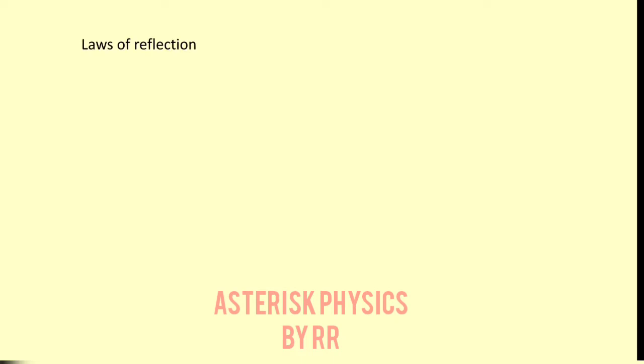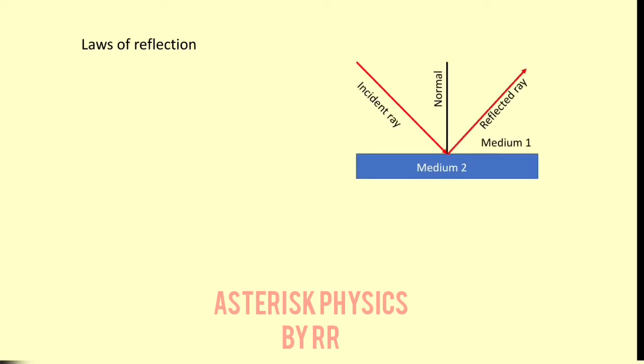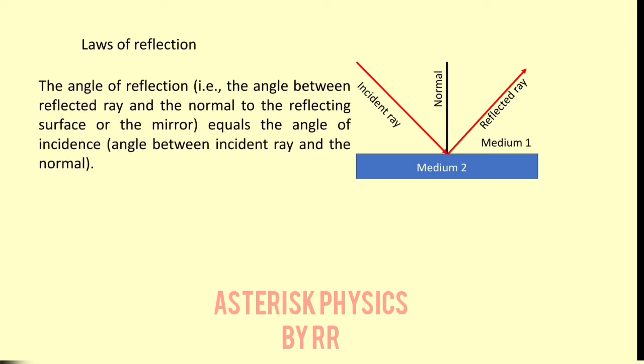Now let us see the laws of reflection, that is, the laws governing this phenomenon. See the ray diagram explaining reflection of light. The first law is about the angle of reflection. What is the angle of reflection?